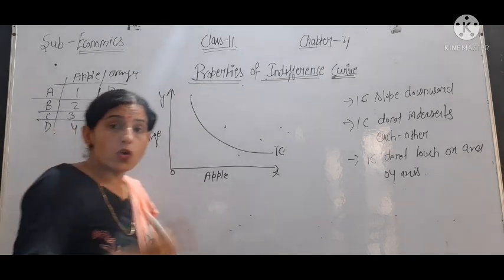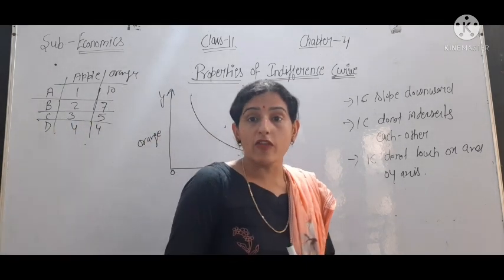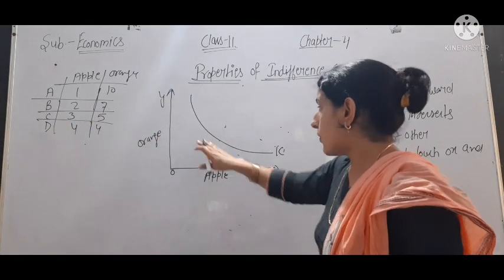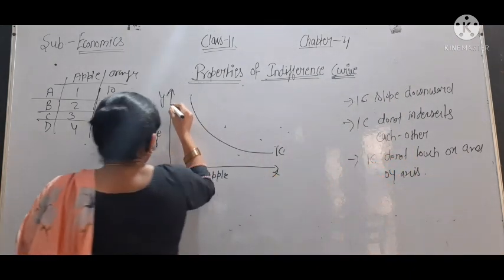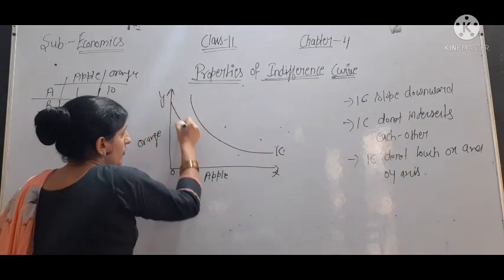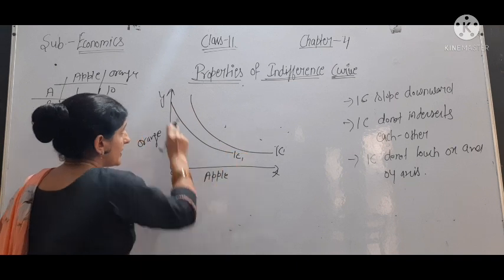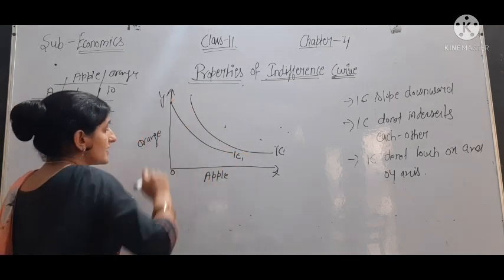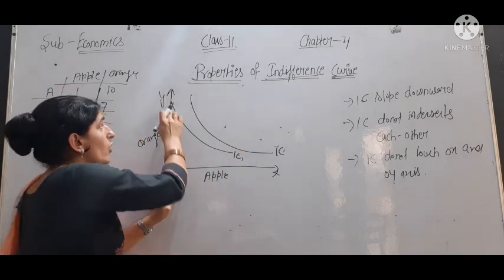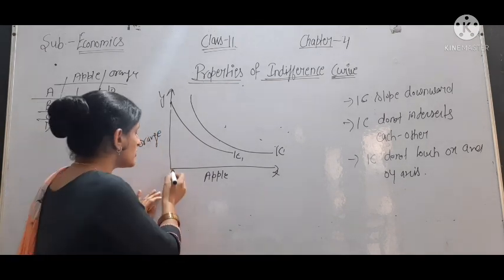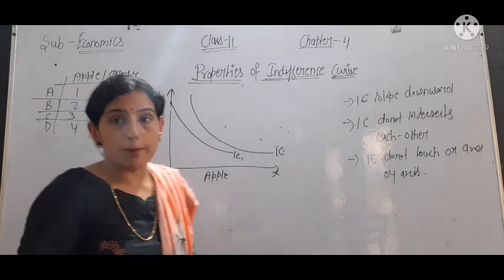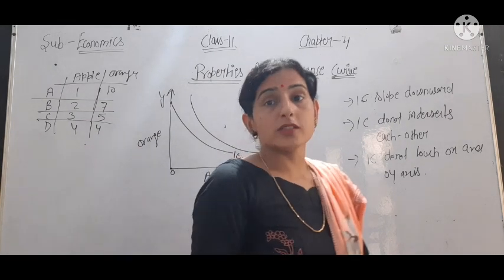Why will it not touch the OX axis and OY axis? Suppose the IC touches the OY axis and starts from here. Then what will happen? It means the consumer is consuming only orange and 0 units of apple. But this is not possible. Why?